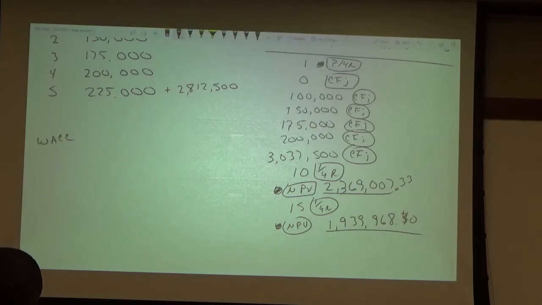Basically your weighted average cost of capital, or your hurdle rate, is going to be equal to, over here, your cost of debt, and then your return on equity.